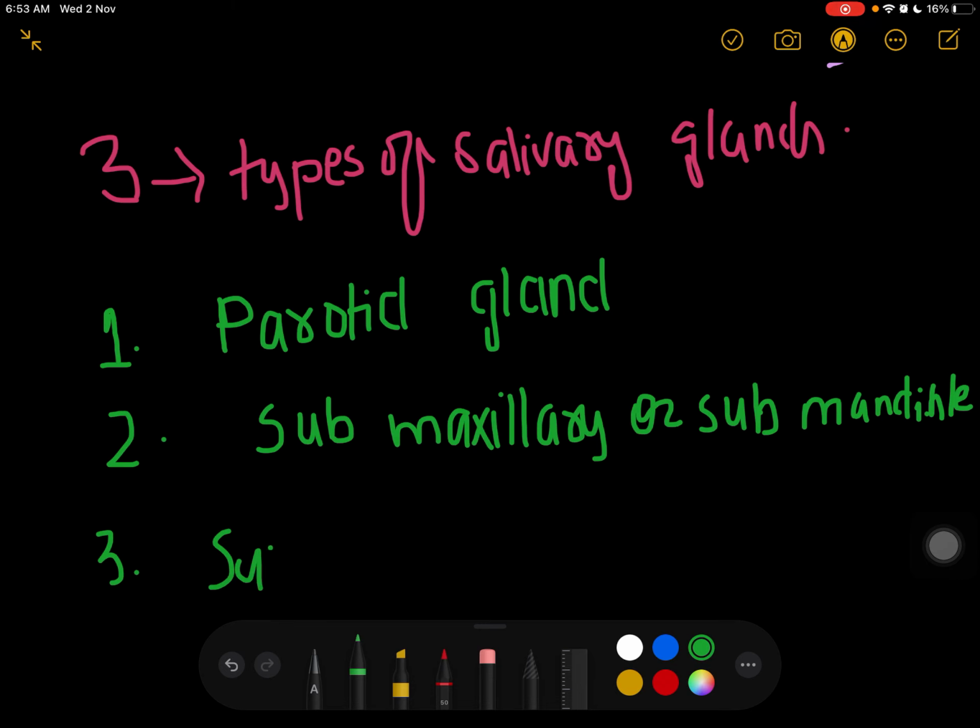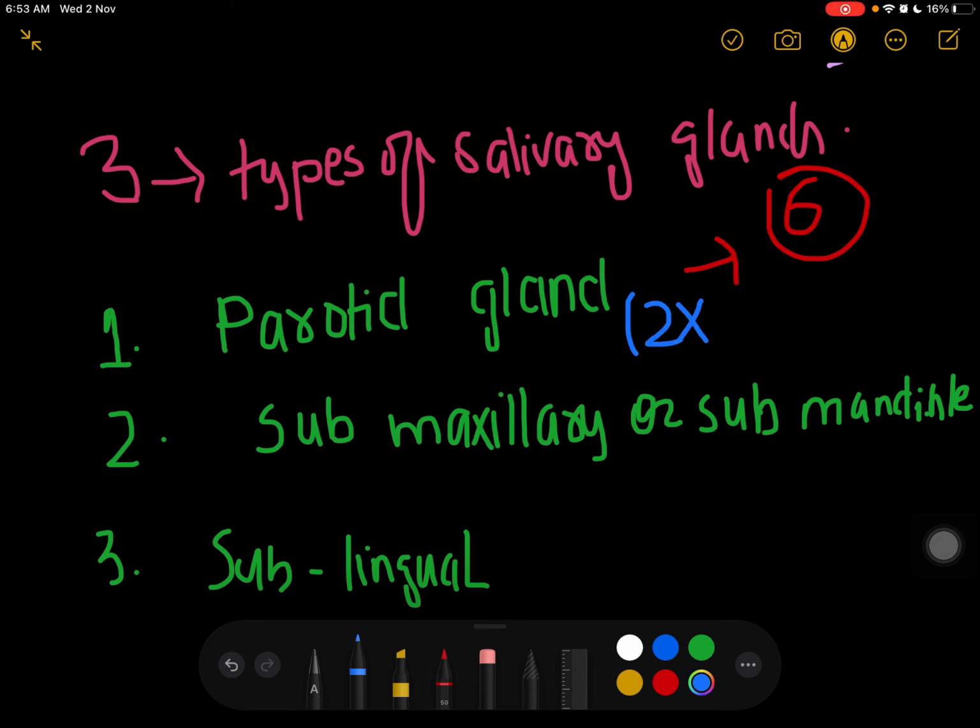Number three is the sublingual salivary gland. So we have three types of salivary glands, and the total number is six, as they are present in pairs: two parotid glands, two submaxillary and two sublingual. So in total there are six.